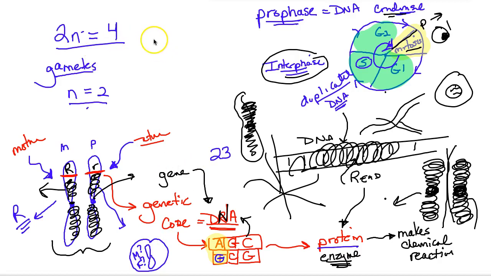So in 2n equals 4, I'm still going to have my 4 chromosomes: mother, father, mother, father. But what's different here is that the duplicated one, we'll do it in red, is going to be connected here.